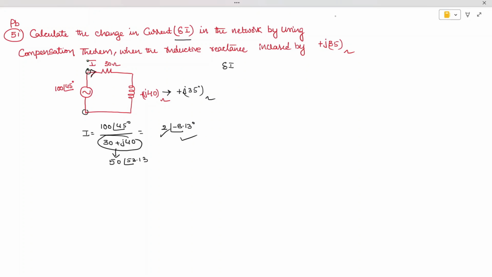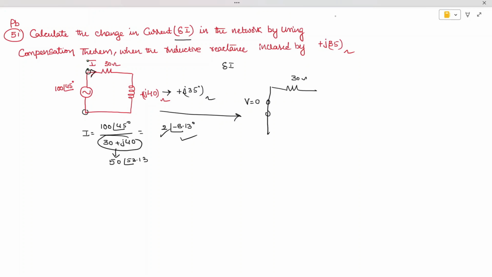Now this is the current we have found, but he is saying that the impedance has been changed in this branch. So now we need to redraw the network just by short circuiting the voltage source. Replace this voltage source with 0 and draw the original network as it is.